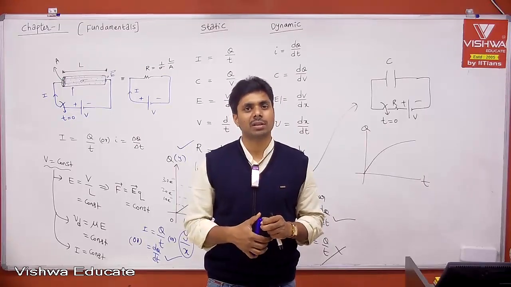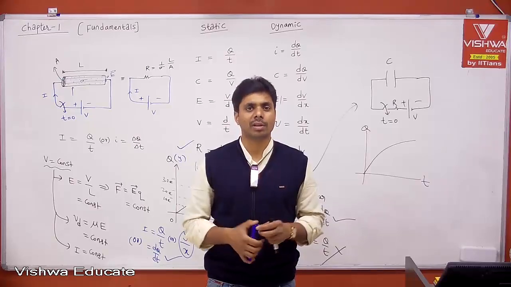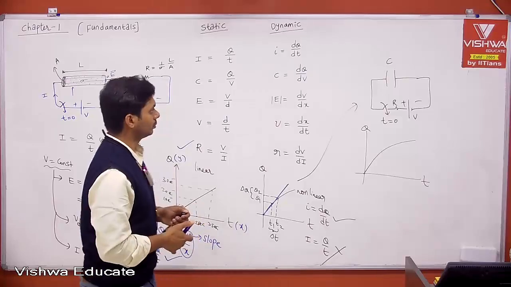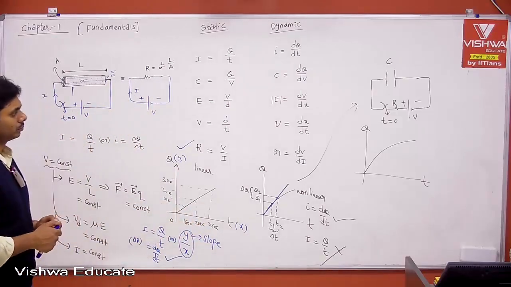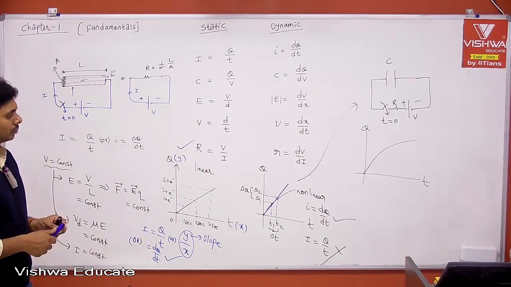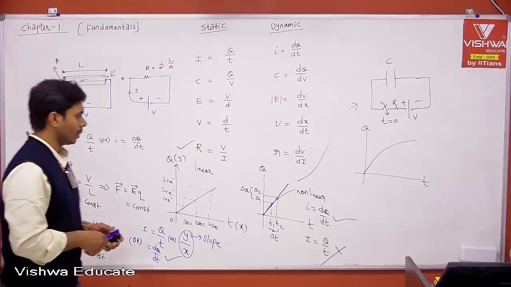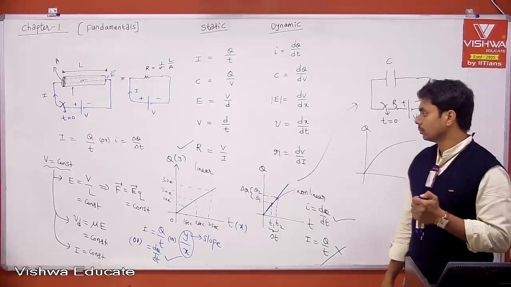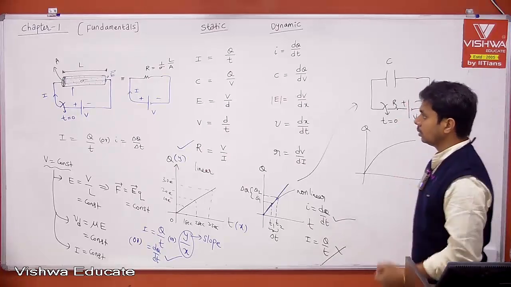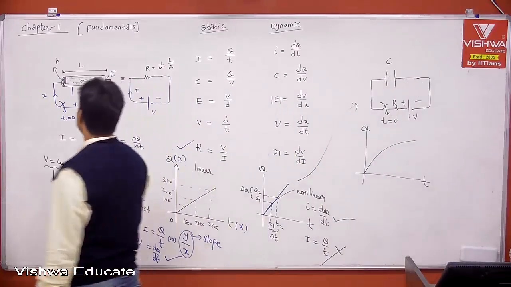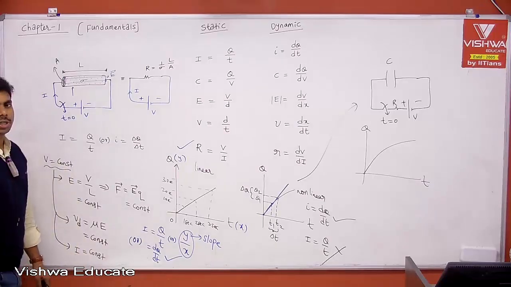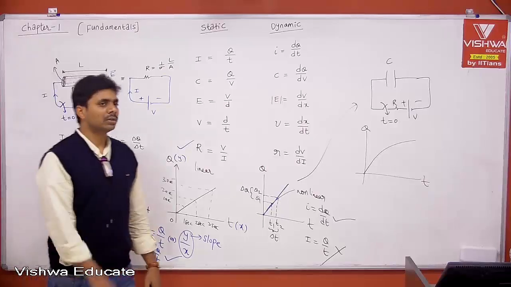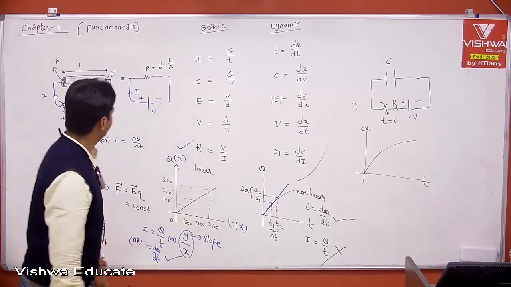If you take the static definition, that is wrong because the element is non-linear. That is what I want to say. Okay, now let me explain a little bit about PN junction diode, BJT and MOSFET, then we can go to the BJT amplifiers part. Okay.